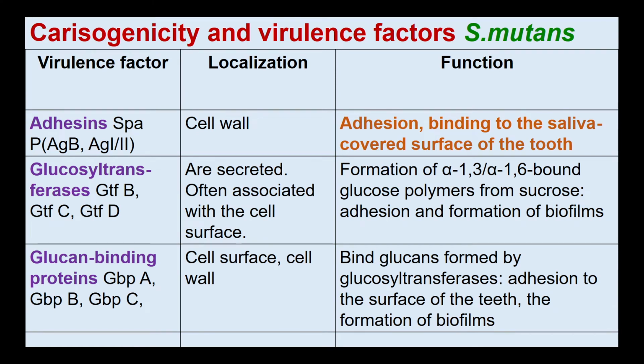Then, cariogenicity and virulence factors of Streptococcus mutans as the main group of cariogenic bacteria. The first virulence factor, adhesins. These are adhesive proteins B1 and 2, localized on the cell wall of bacteria.